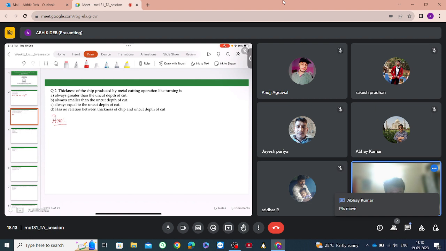The thickness of the chip produced: somebody said it is smaller than the uncut chip thickness. Any other answer, or what is the reason that it is smaller?